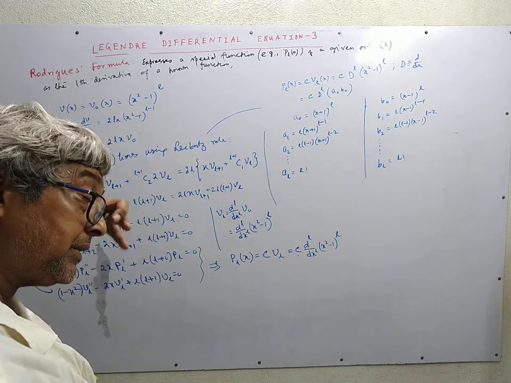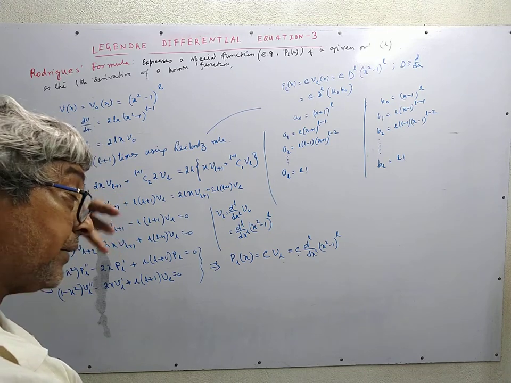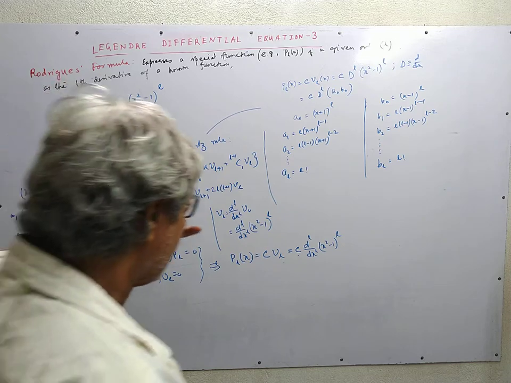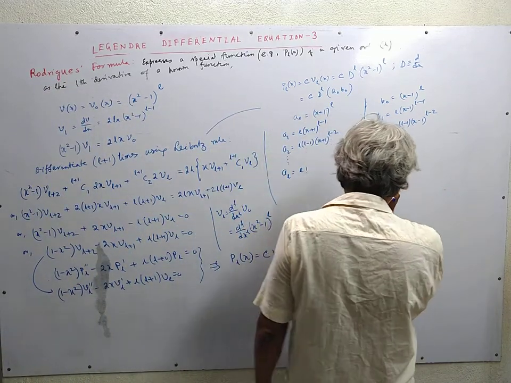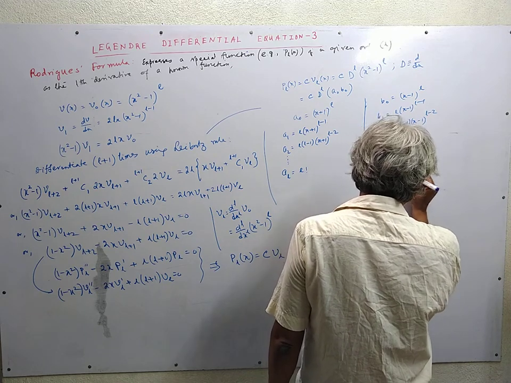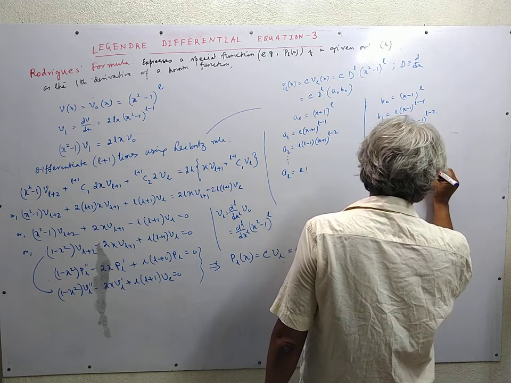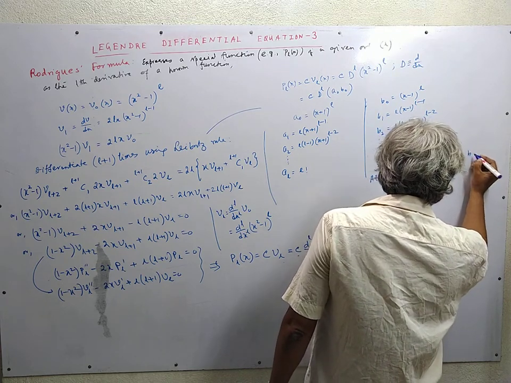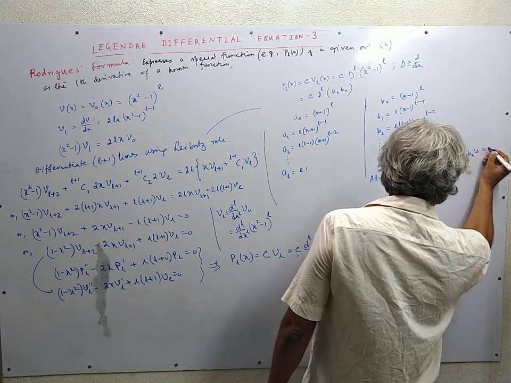Now you see that at x is equal to 1, all the B's except BL are 0. At x is equal to 1, BL is equal to factorial L and all other BKs are 0.